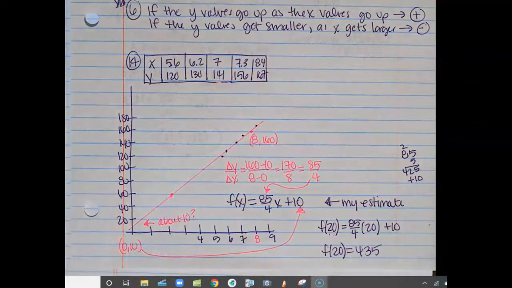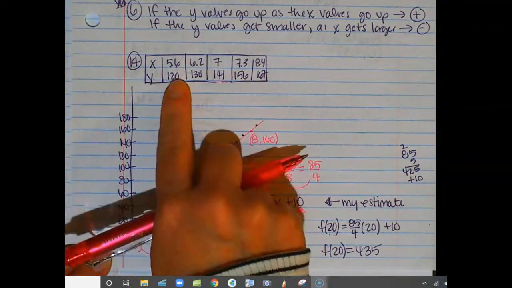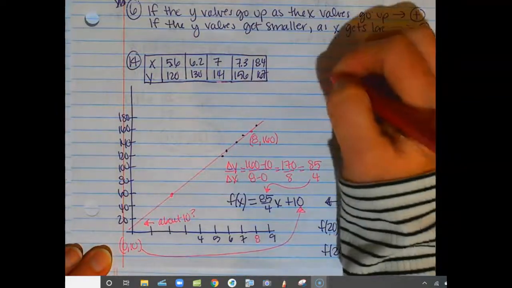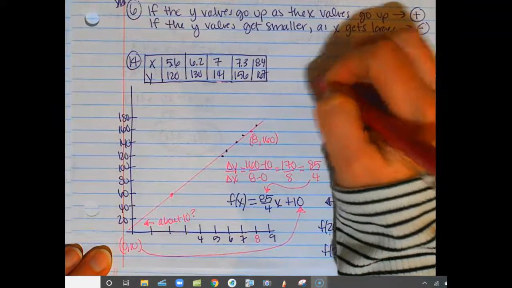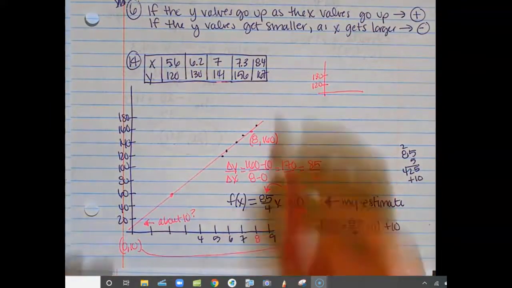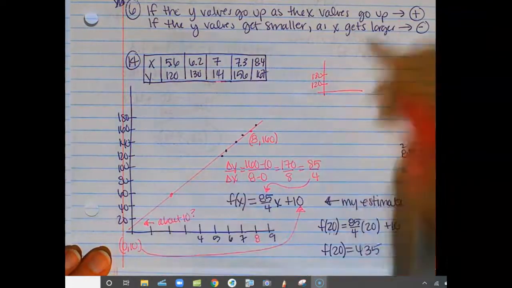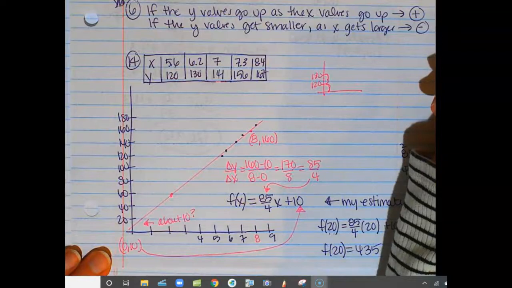The hard part about this, and I found this in the other Algebra 2 class, is that some of my students will draw this out with a little tiny graph that starts here at 120, and then goes 130, etc. If you do that, when you draw your line, this distance is 120, and this distance is just 10.